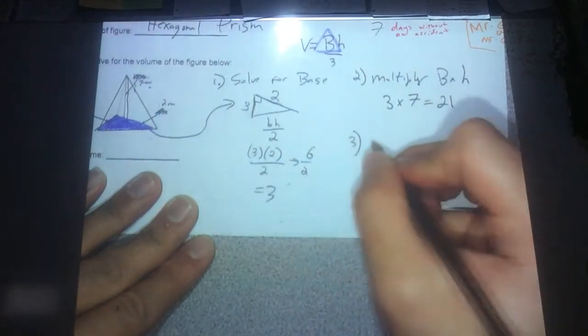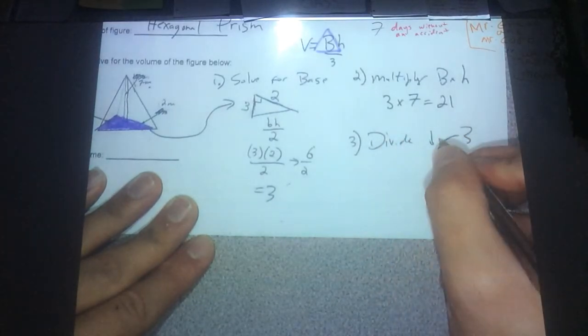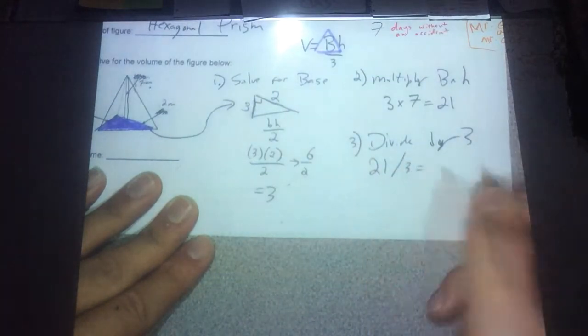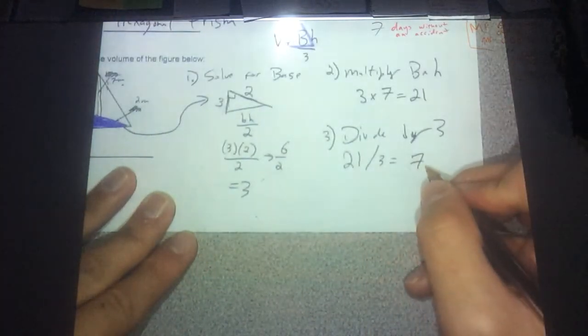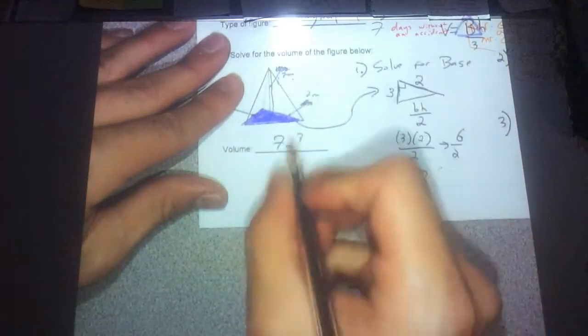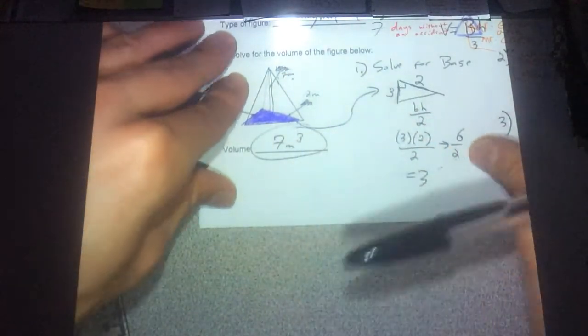Now our last step is to divide by 3. So 21 divided by 3 is equal to 7 meters cubed. So the volume is going to be 7 meters cubed. Okay.